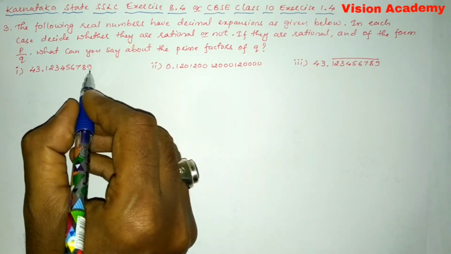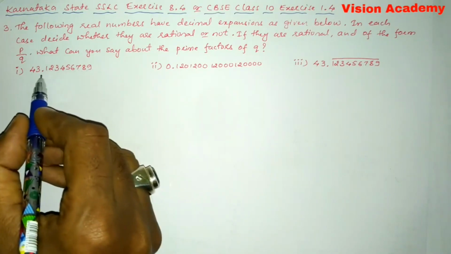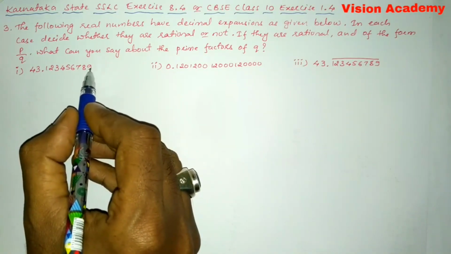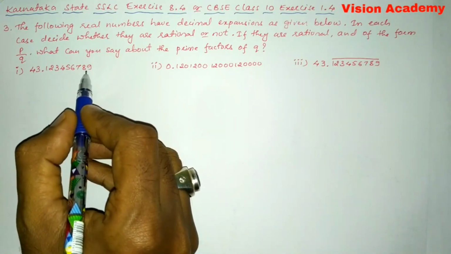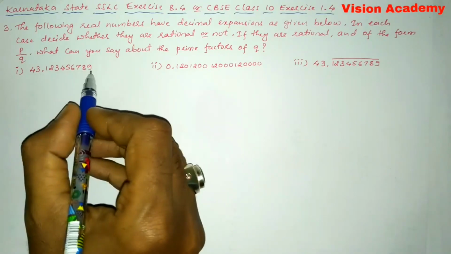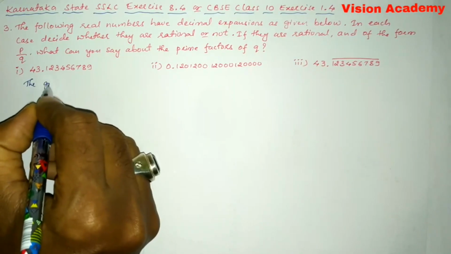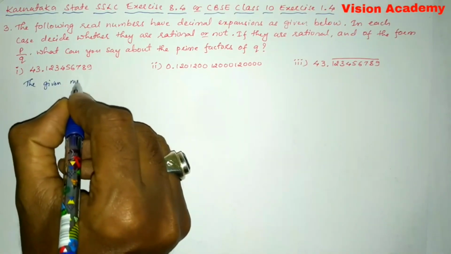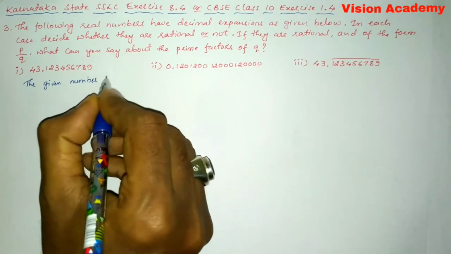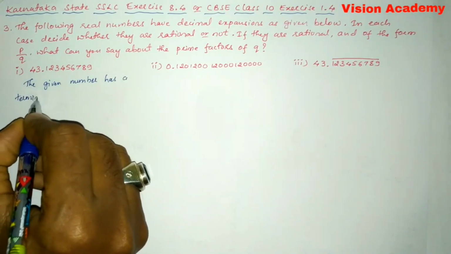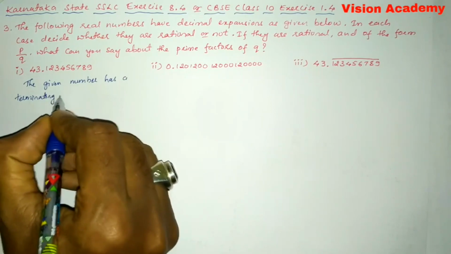43.123456789, and here you can easily identify that this number, decimal expansion number, is terminating because it stops at 9. It has already stopped at 9. So therefore we can write the given number has a terminating decimal expansion.